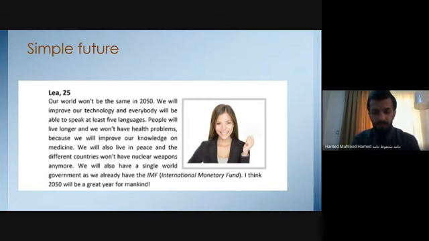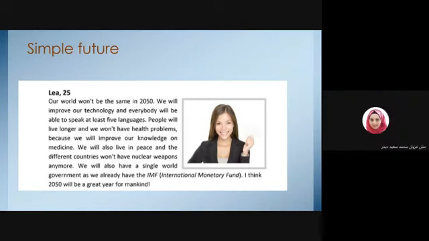Our world will not be the same in 2050. We will improve our technology and everybody will be able to speak at least 5 languages. People will live longer, and we will not have health problems because we will improve our knowledge on medicine. We will also live in space and different countries will not have nuclear weapons anymore.